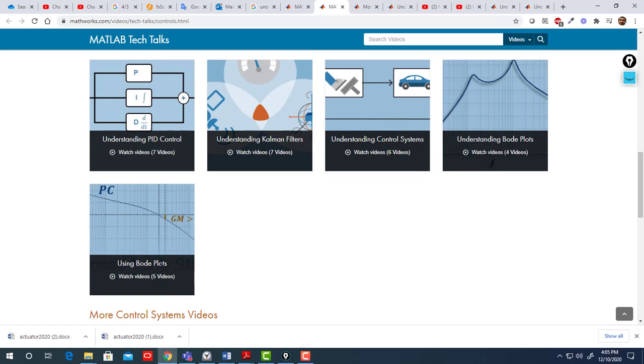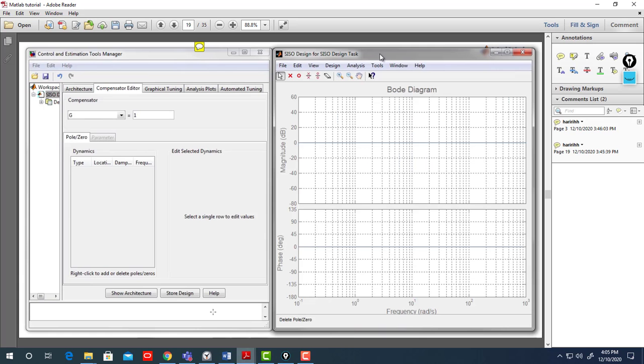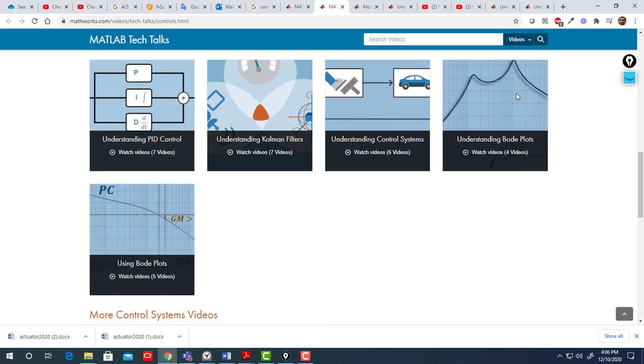So now we are interested to talk about Bode Plot, and basically you can click here. You have 5 videos on using Bode Plot and understanding Bode Plot. You have 4. So I will go with you on understanding Bode Plot, these 4 videos, and the tutorial that you have on your Moodle is basically from the understanding Bode Plot tutorial.